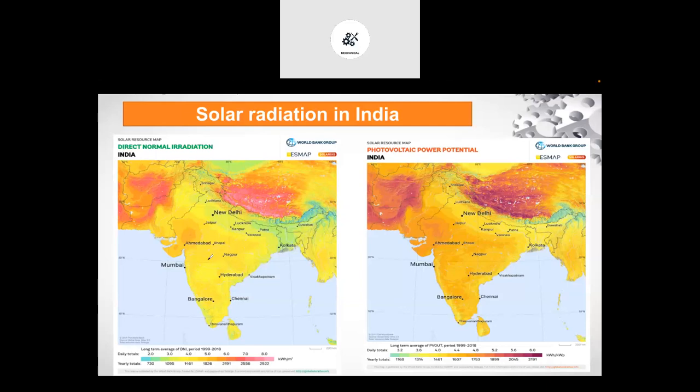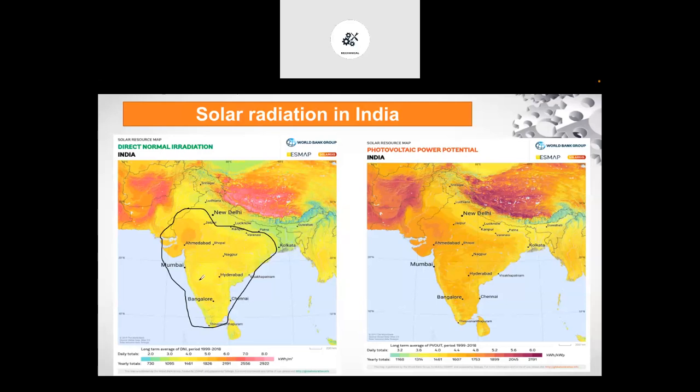So you can see on the left-hand side the direct normal irradiation. It is direct type of radiation, and it will give you the idea that most of the Indian plateau will receive a sufficient amount of radiation. On an average, it will receive about 1826 kilowatt hours per meter square of energy.